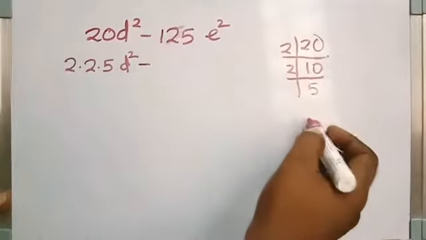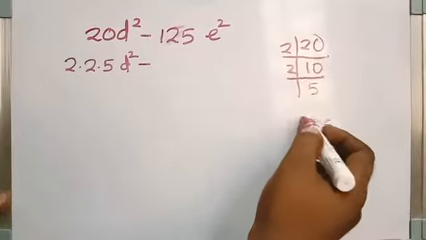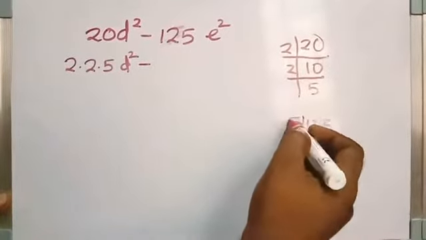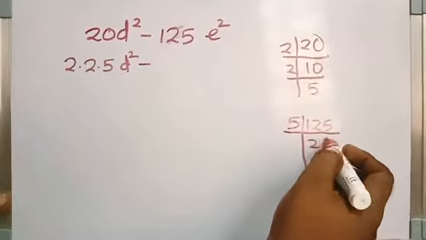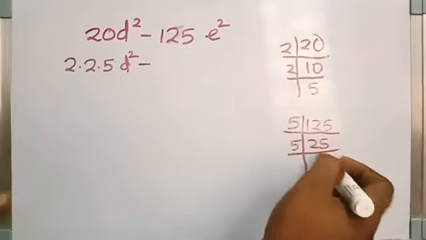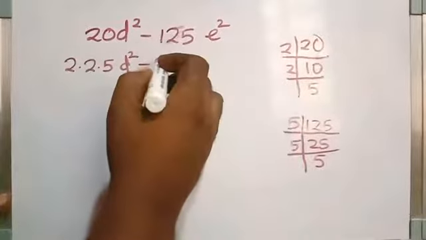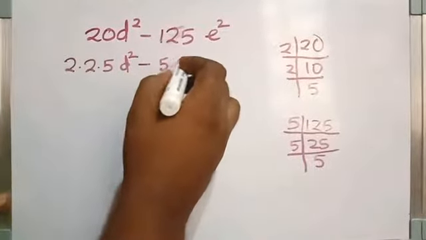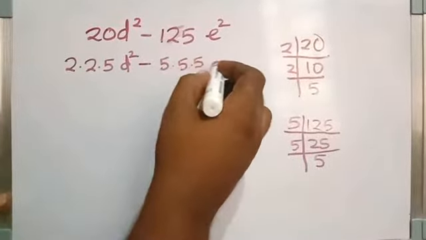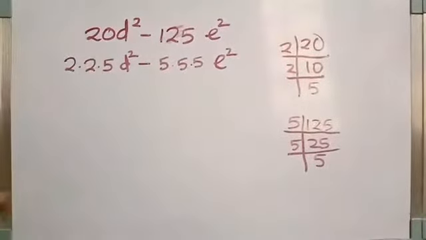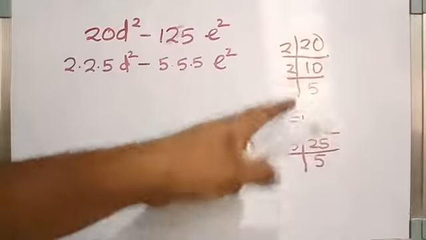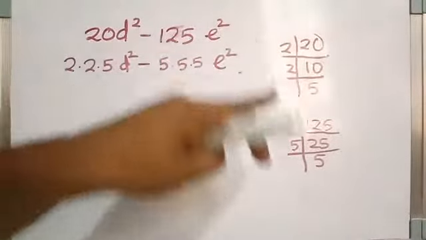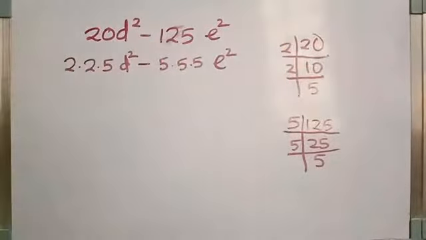Minus 125 can be divided by 5, 25 5s, 5 5s. So 125 can be written as 5 times 5 e squared. I think this is an easy method for you because you know how to do this prime factorization. Once you do this, it's very easy for us.